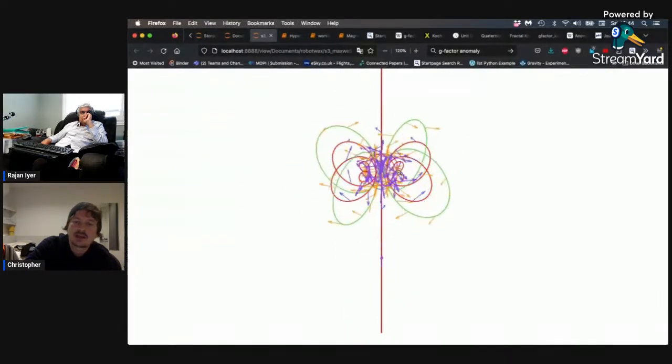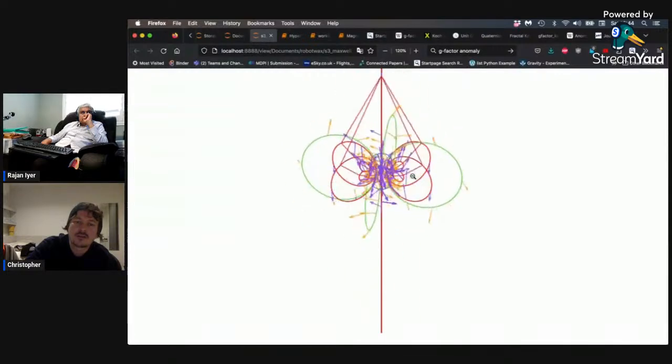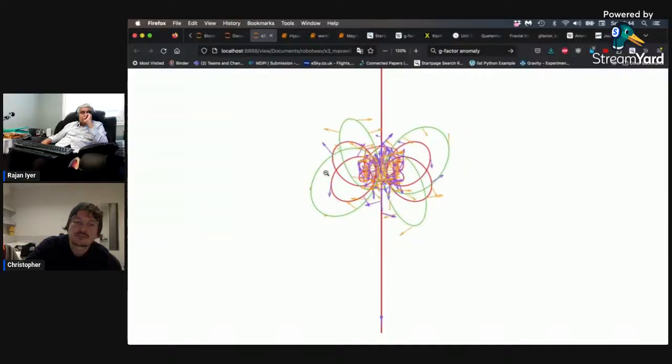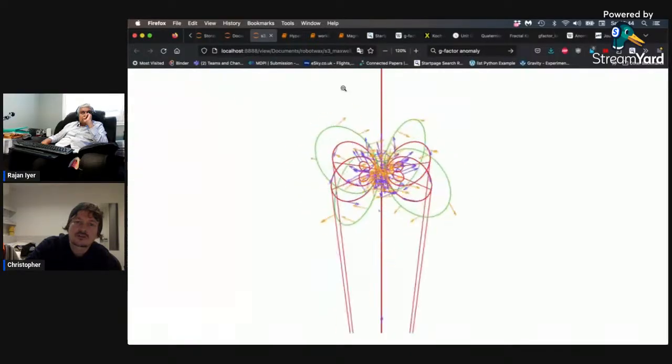Now all of these vectors on the field lines are dynamically produced in this model, which I'll give you a look at.